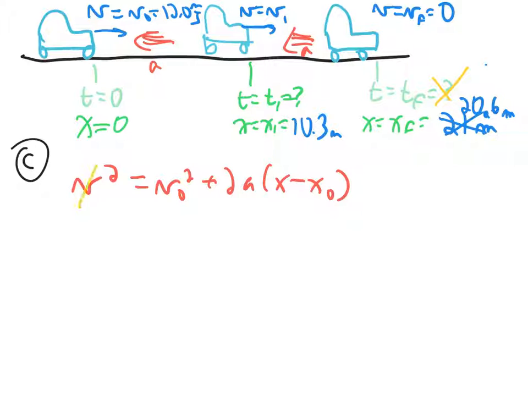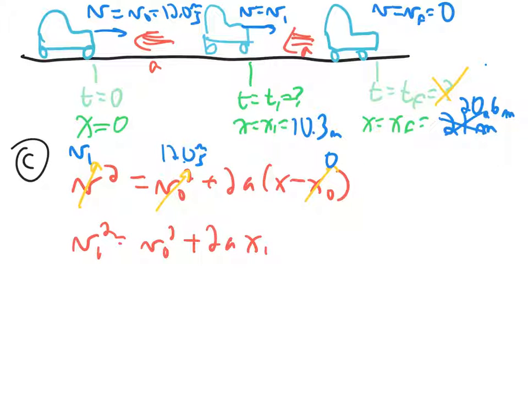That's going to become this thing up here that I called v1. But we do know that the initial velocity is still the 12 point whatever. And we still know that the initial position was 0. And so we're left with v1 squared is v initial squared plus 2a x1.